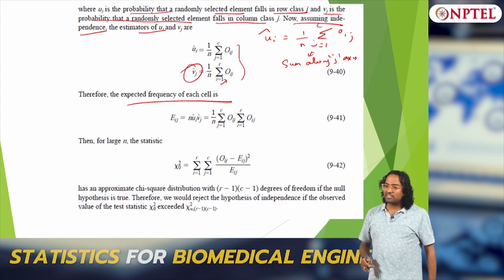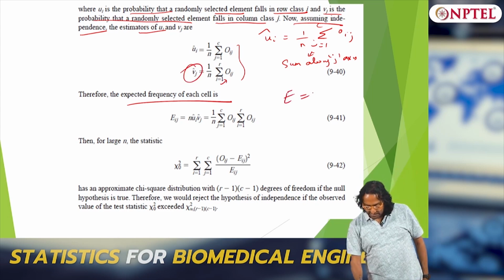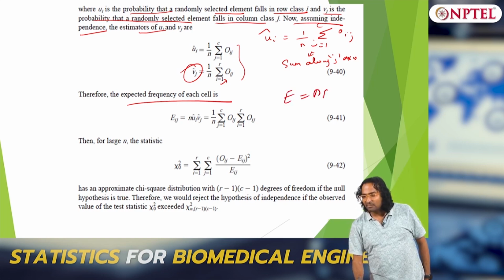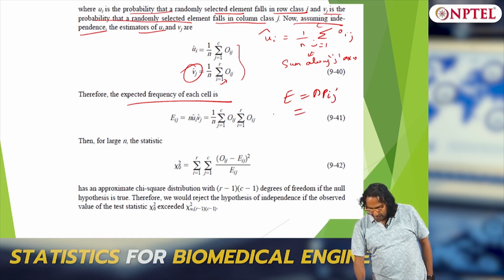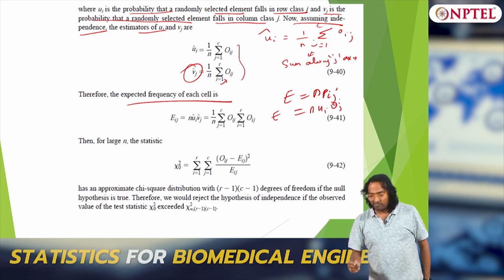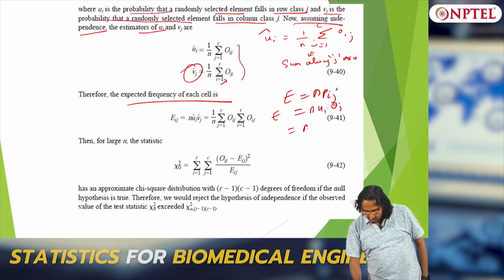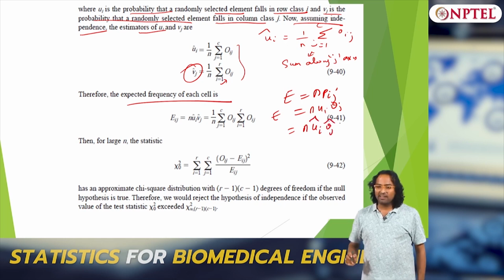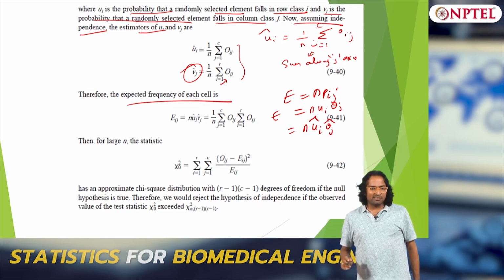Then what is my expectation? Expectation is n times p, that is, n Pij. Now assuming they are independent, this should be n ui into Vj, and I have the estimate of it, so that should be equal to n ui hat into Vj hat, clear, right?